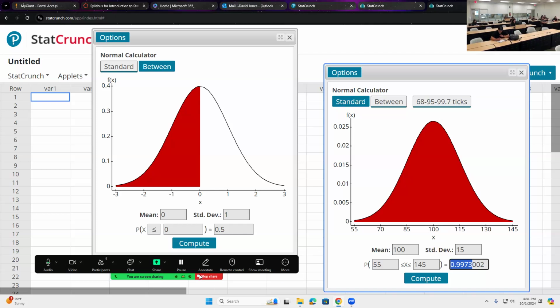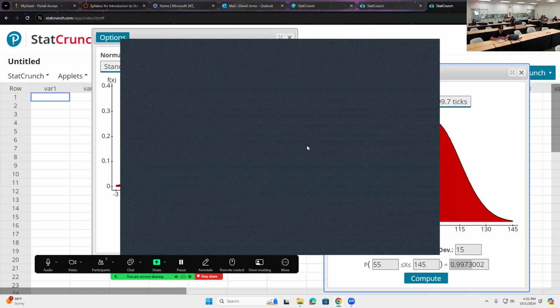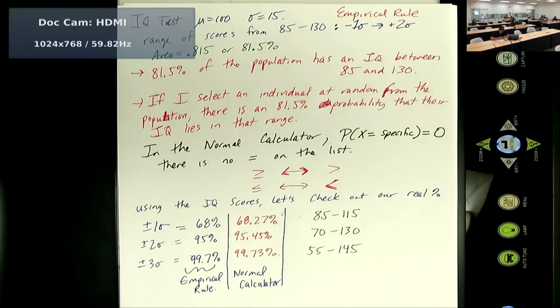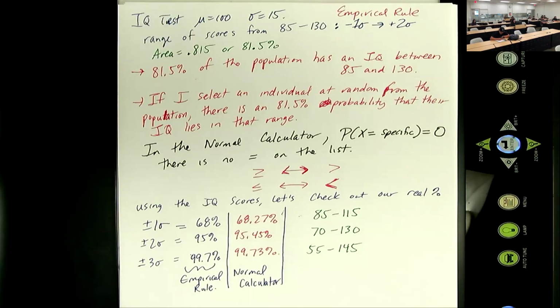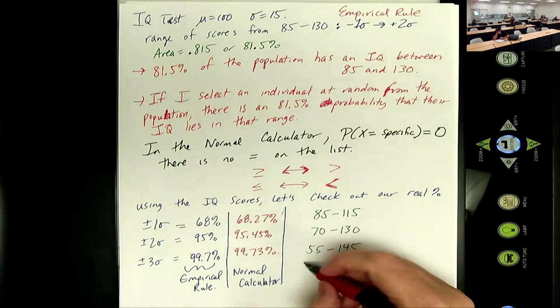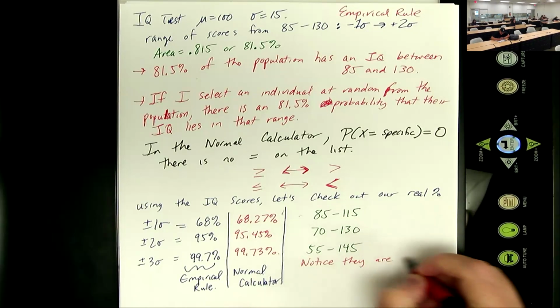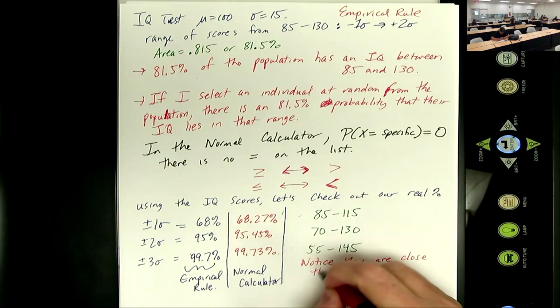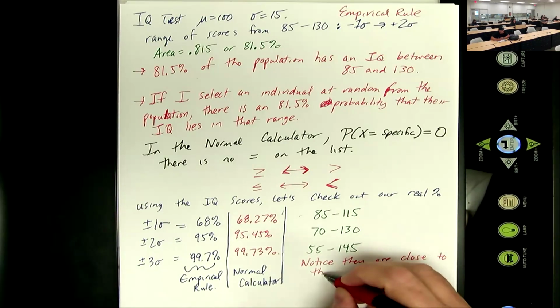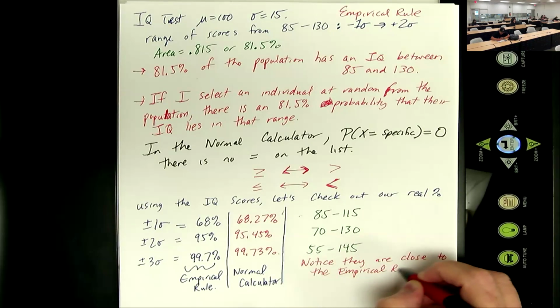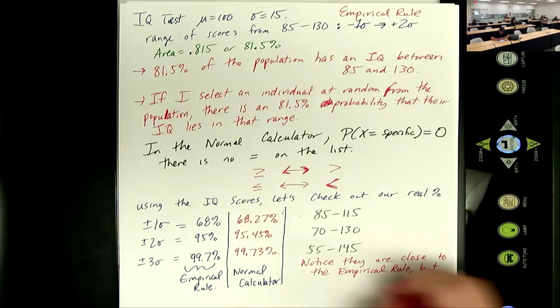Let me switch back over to our screen. So I filled in the values there. Notice they are close to the empirical rule, but they are more accurate.